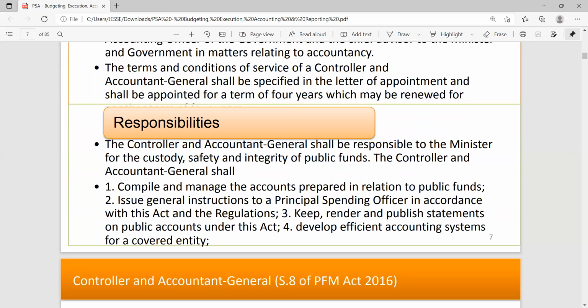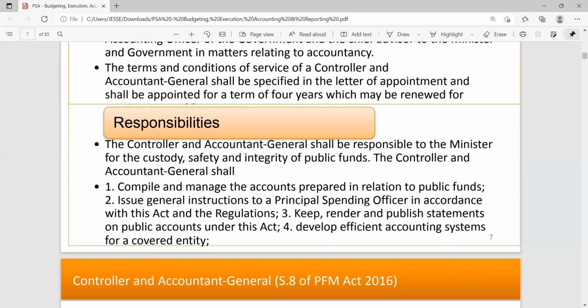Now let's talk about some responsibilities. Number one, the Controller and Accountant General shall be responsible to the Minister for the custody, safety, and integrity of public funds. So this individual would be responsible to the Minister for issues surrounding the integrity and the custody of public funds.